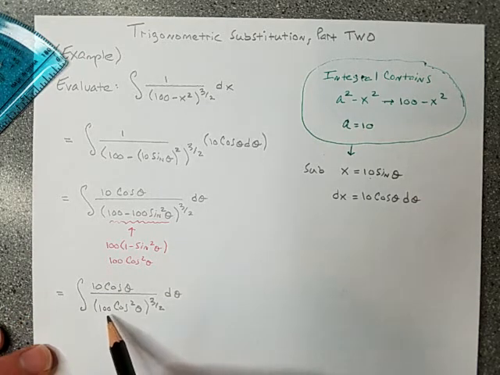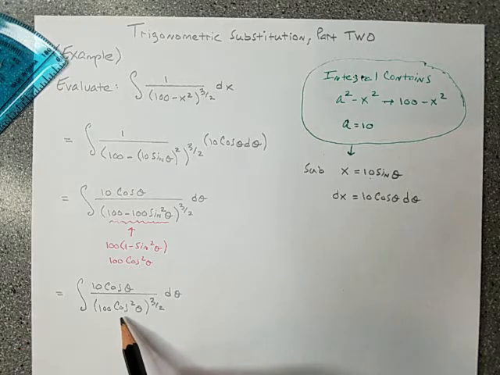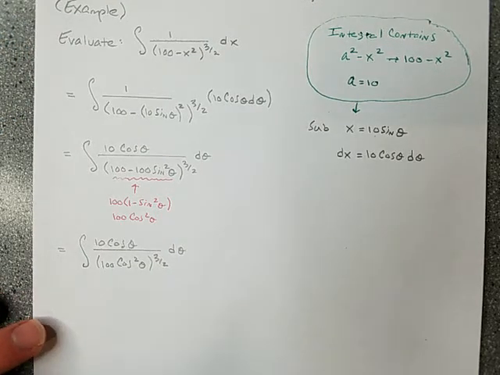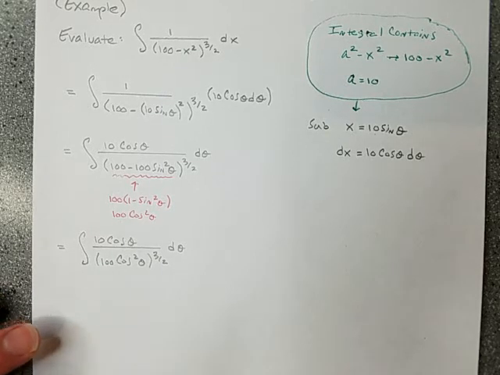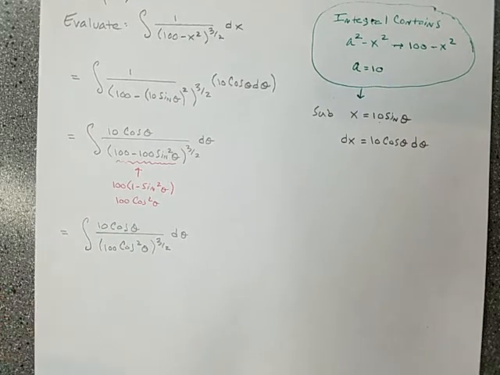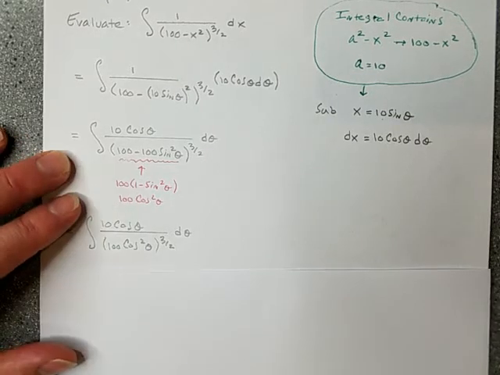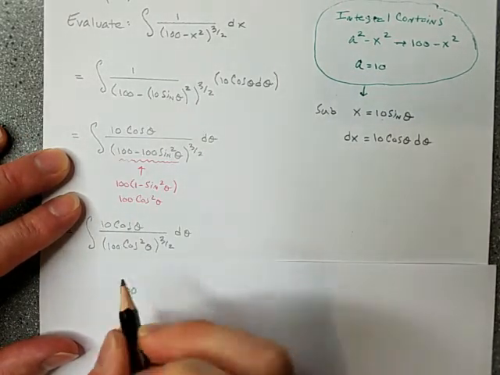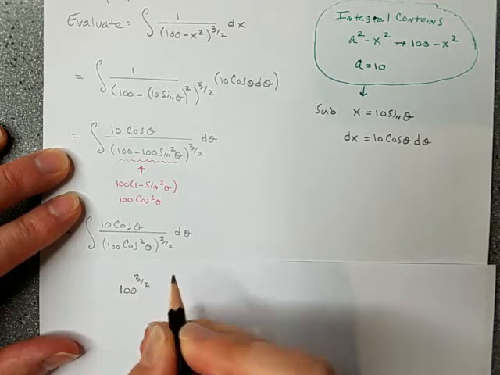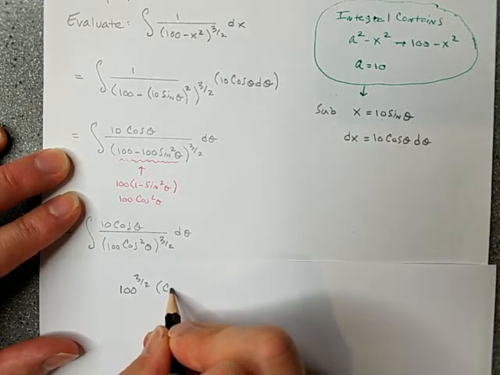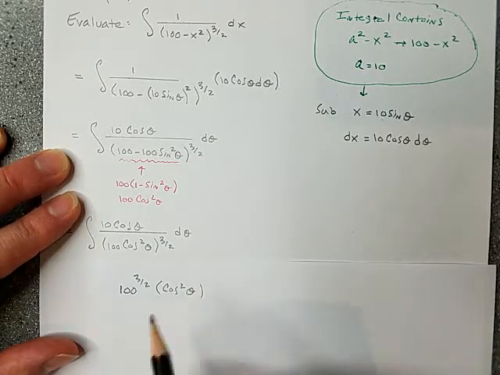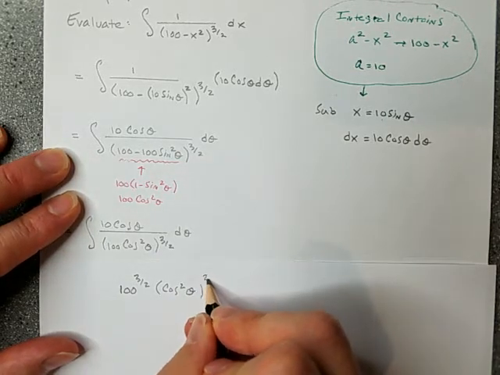So this is 100 to the 3 over 2 power, and then cosine squared to the 3 over 2 power. And I thought that we would look at those separately, all right? And I don't want to clutter up the work that I have here too much. So let's just say, if we need to do some work off to the side, I'll get 100 to the 3 over 2 power. And then I'll get cosine squared, which already has an exponent, to the 3 over 2 power.